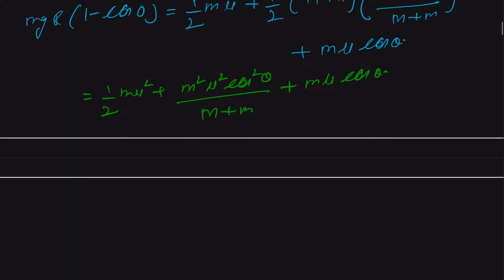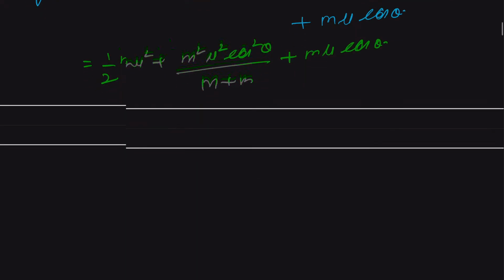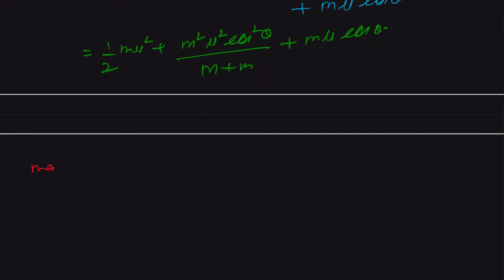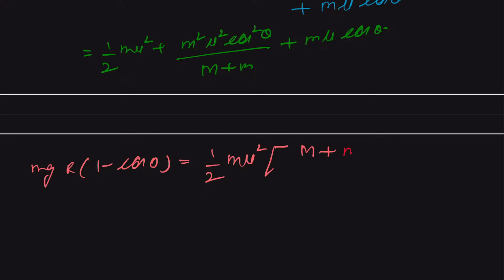And furthermore, we can solve it, and it will be giving us mgr times 1 minus cos of theta equal to half m u square, times M plus small m sin square theta, divided by M plus small m.